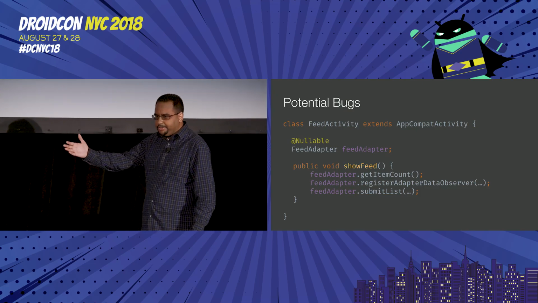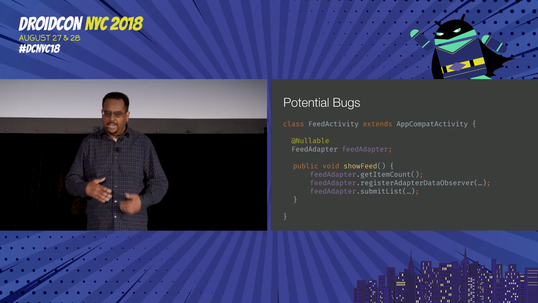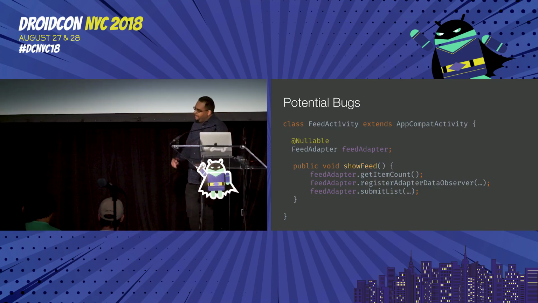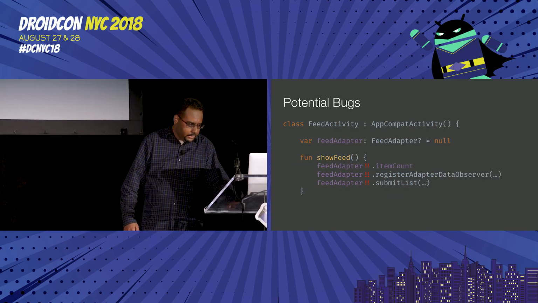So as you convert things to Kotlin, you also want to be mindful of any regressions that you create in your legacy code base. For example, here is a Java class which has a nullable type. It's an adapter, and you're using that adapter somewhere in your code base.